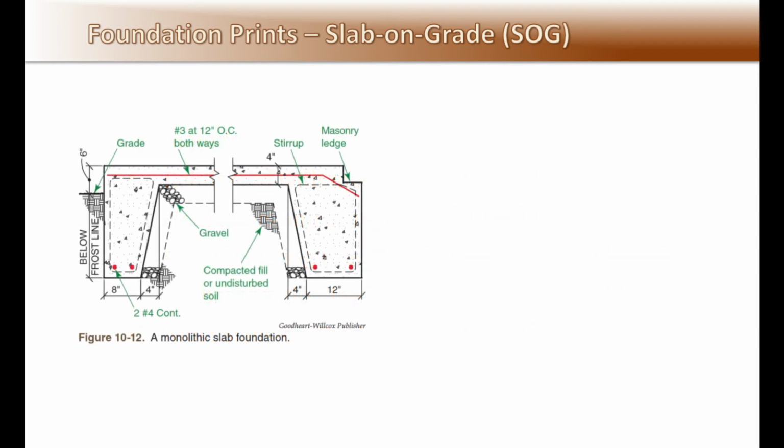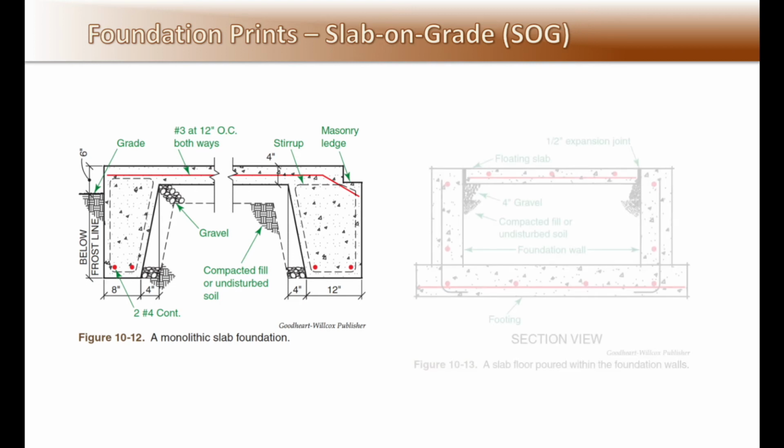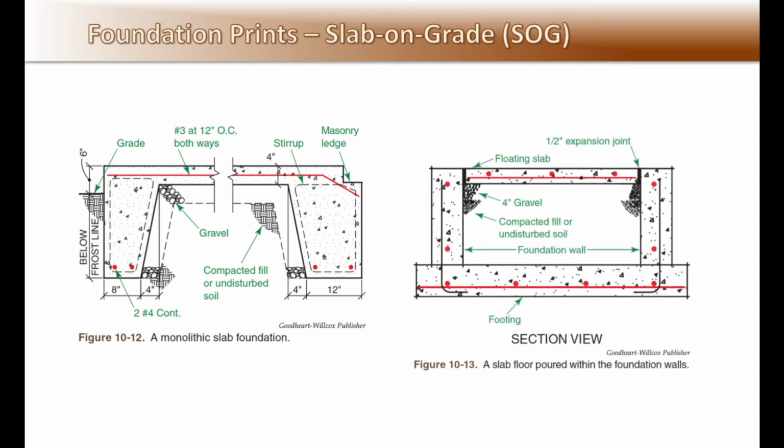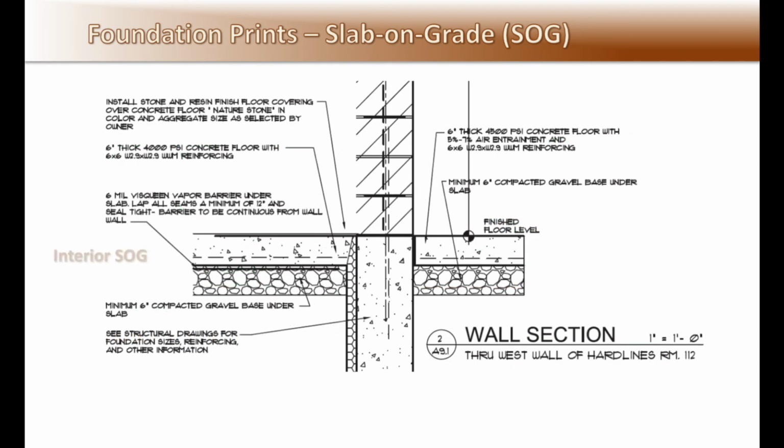Here is an example of a monolithic slab with turned down footings and a floating slab between two concrete walls. Here is an example of a section of an interior and exterior slab on grade. Note the substantial subbase, the mesh reinforcement, and the insulation barrier.